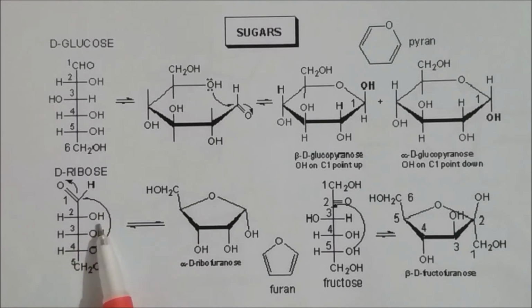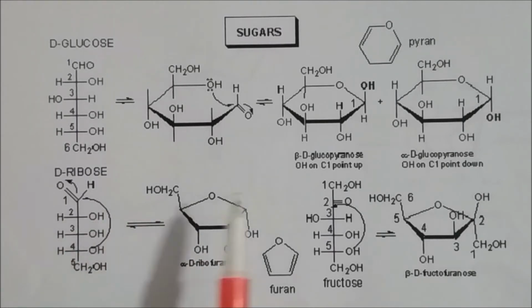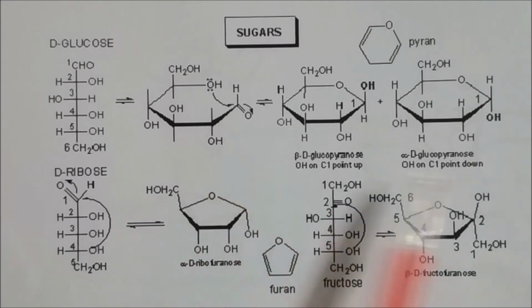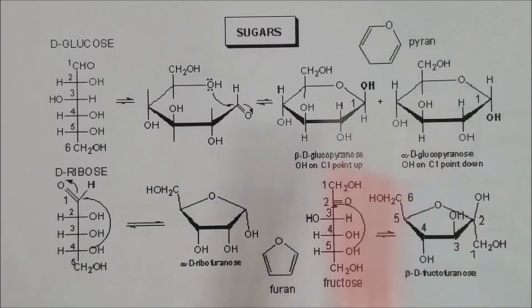Here the OH is again on this side, so this is alpha. Beta has OH up and CH2OH down. When both are on the up position it is beta D, and here CH2OH on a single side is called alpha D ribofuranose. This is for fructose, this is for ribose, and this is for glucose. I hope you have understood till now.